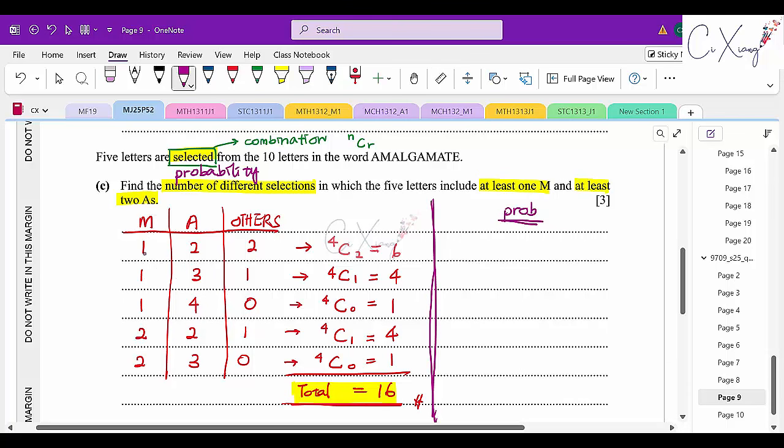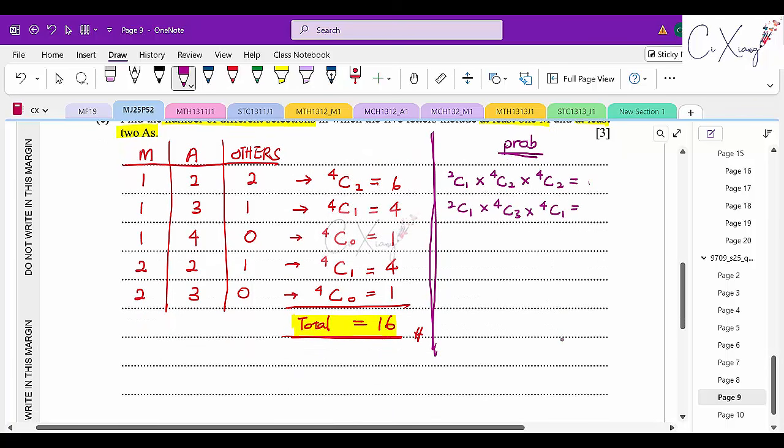For the first case, 2c1 multiply with 4c2, since you have 4 letter A, then multiply with others, which is 4c2. Then you get an answer for this one. For the second case, also 2c1, then 4c3, then 4c1. Then for the probability, after you calculate the cases for all the 6 possible outcomes here, you need to get the total without restriction.